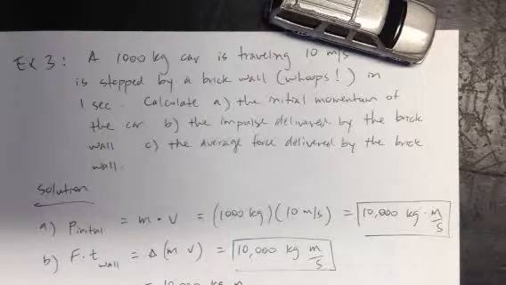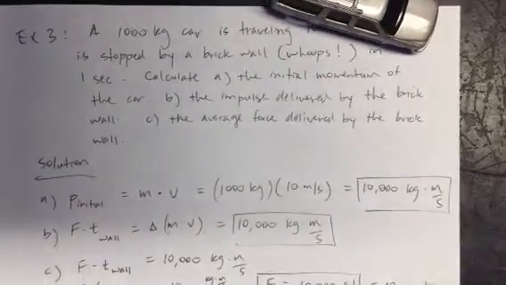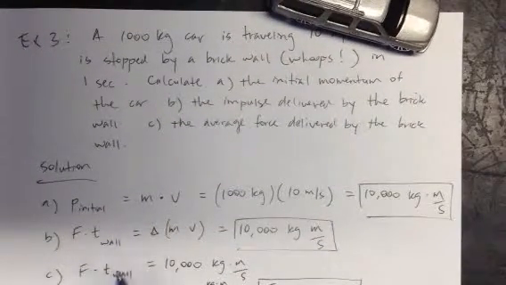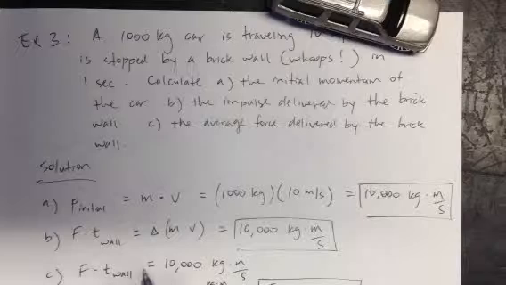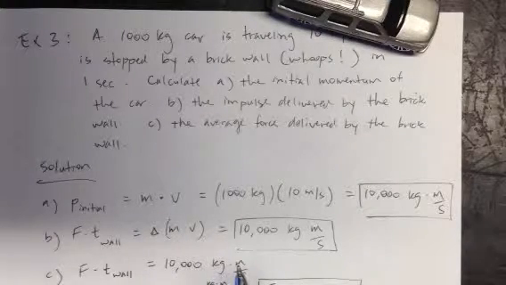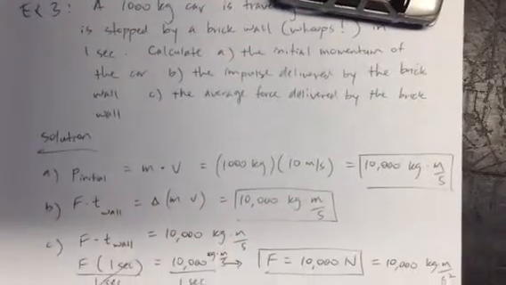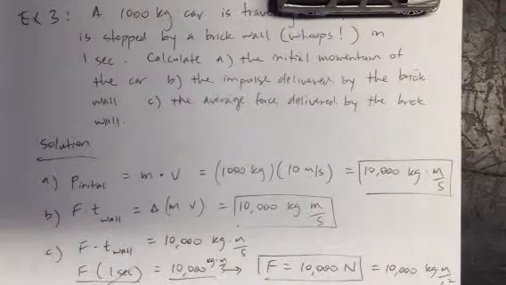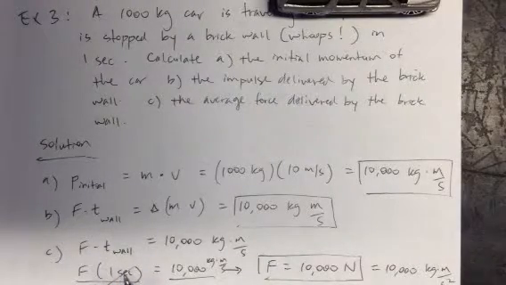So let's try this. We know that the impulse that the brick wall puts on the car is 10,000 kilogram meters per second. How can we solve for force? Well, let's plug in what we do know. We know that the time is 1 second.